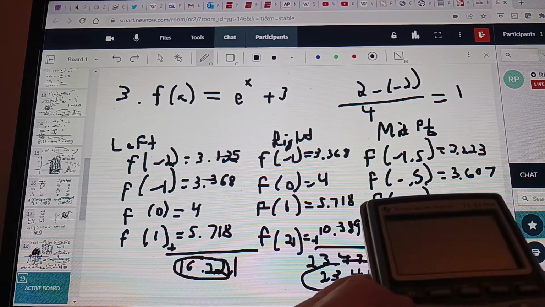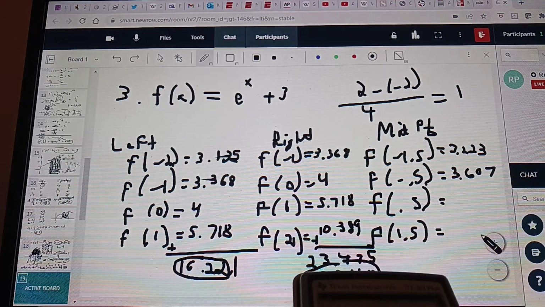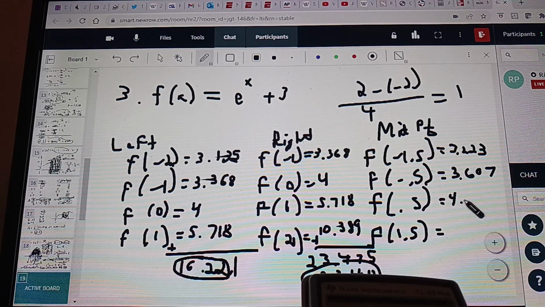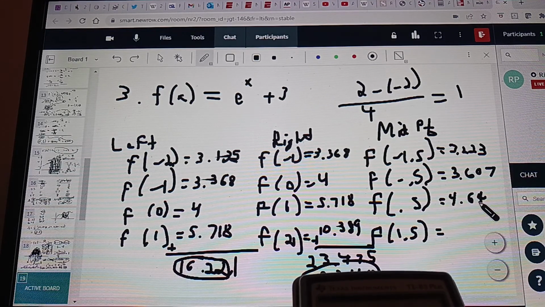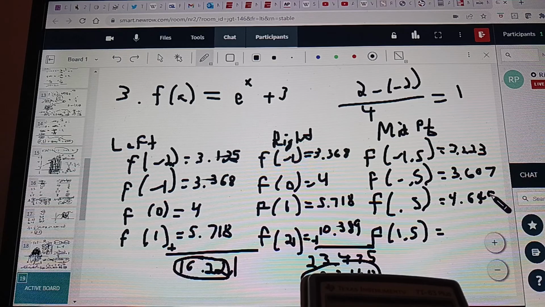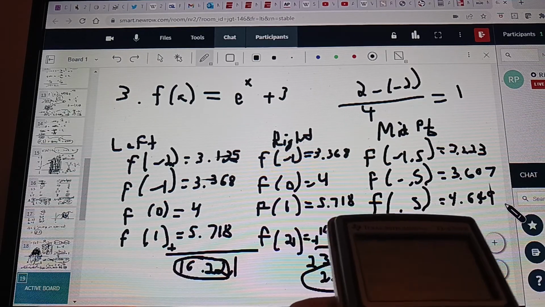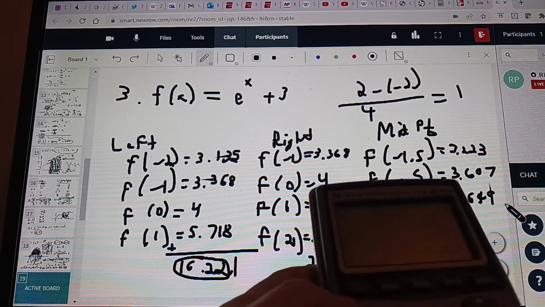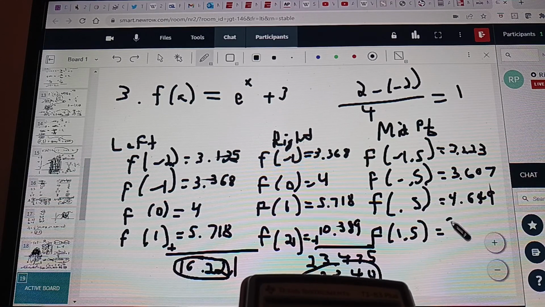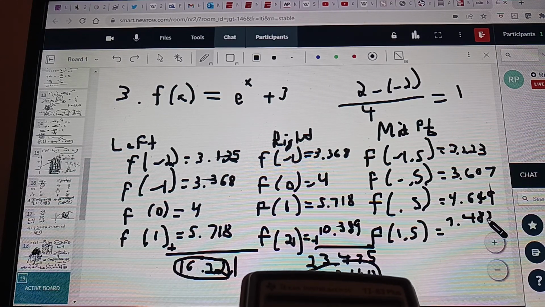E to the 0.5 plus 3 is 4.64, and then there's an 87 after that, so I'll make that a 9. E to the 1.5 plus 3 is 7.481, but after the 1 is a 6, so 482.